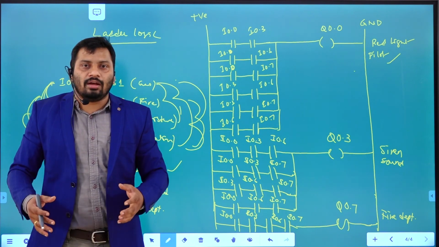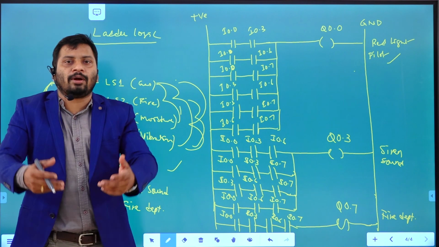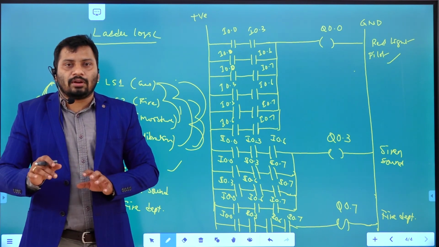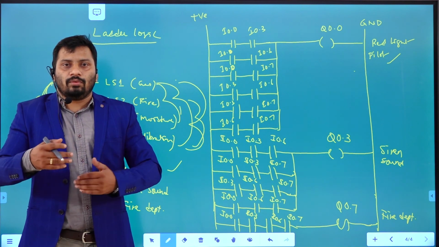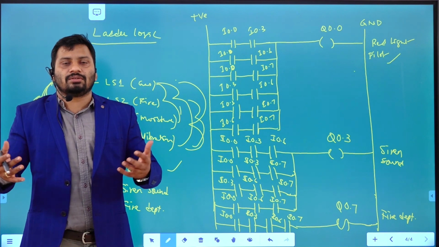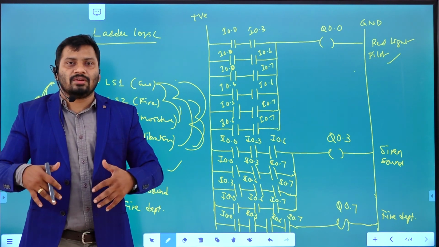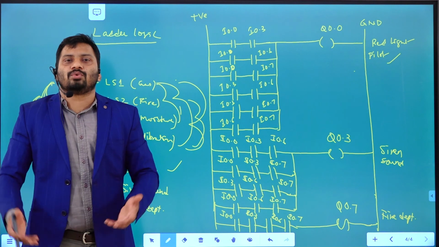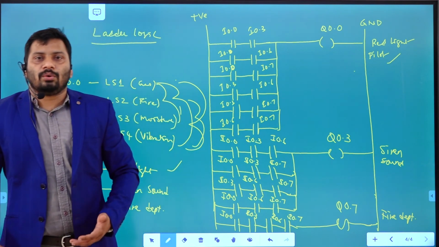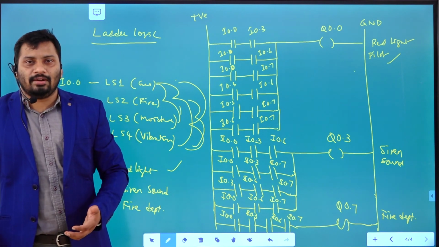In the next step, you need to connect the program monitor to the CPU. Then you need to write a program. For that particular program, you give addresses according to the terminals where you connected sensors and actuators. Once you give addresses, that program is going to be executed and it is going to control the process the way you want, based on the written program, right?